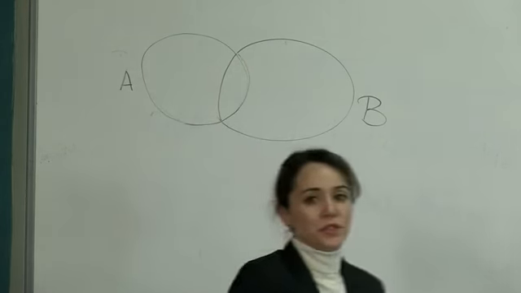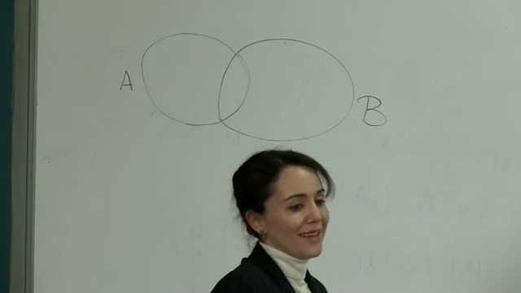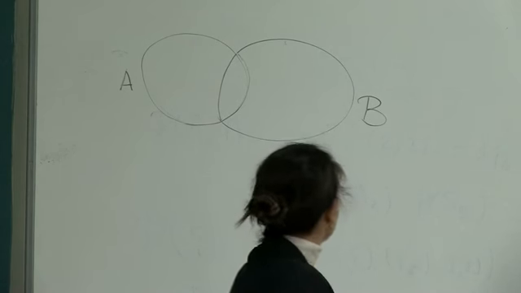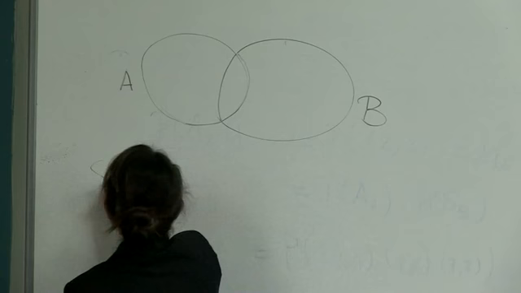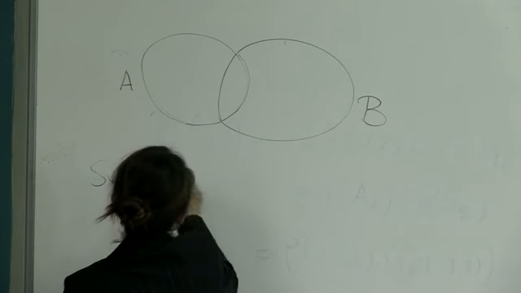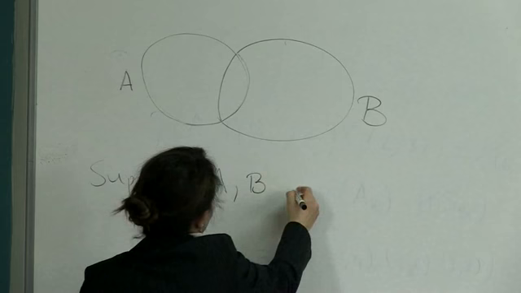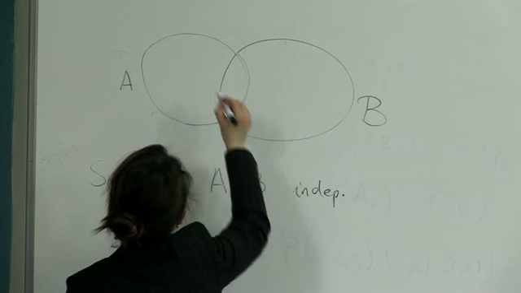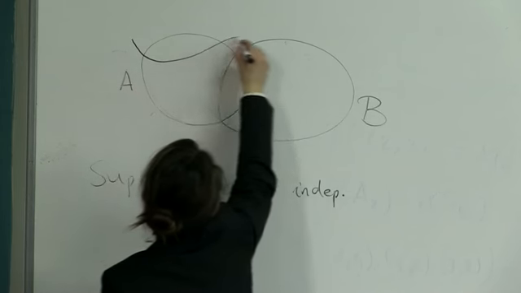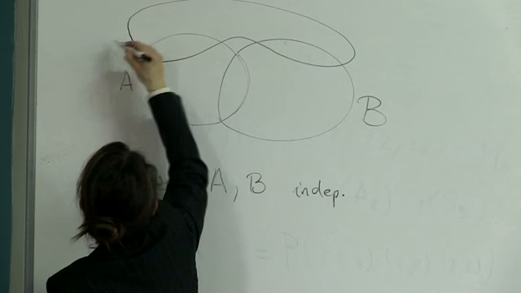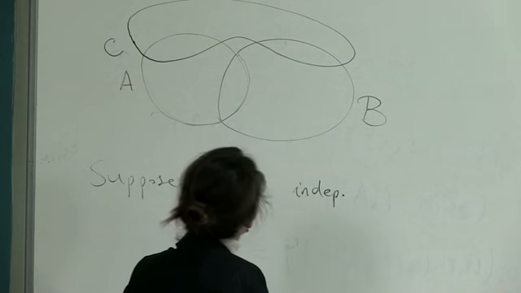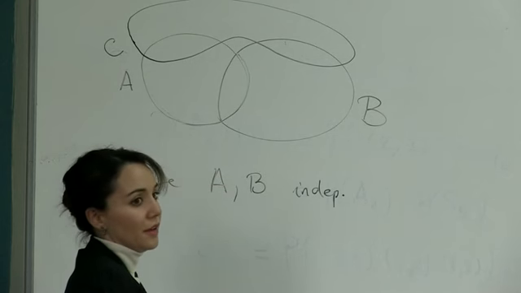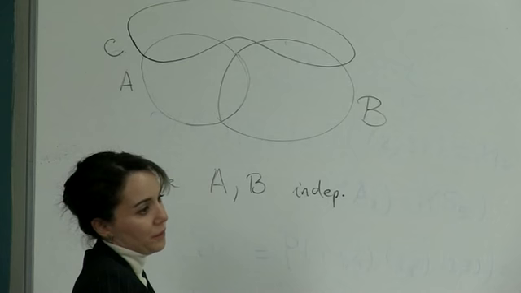If they had an empty intersection, then we would know that they are dependent. Right? Disjoint means dependent. So suppose A and B are independent. Let this be the event C. C has a non-empty intersection with both A and B, but not with the intersection of A and B.